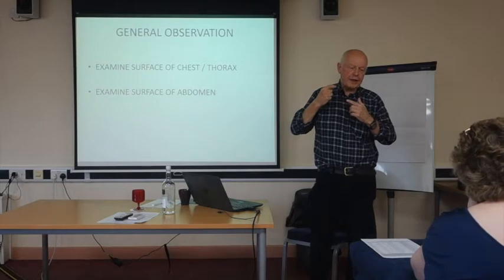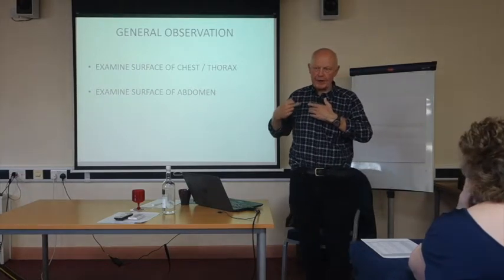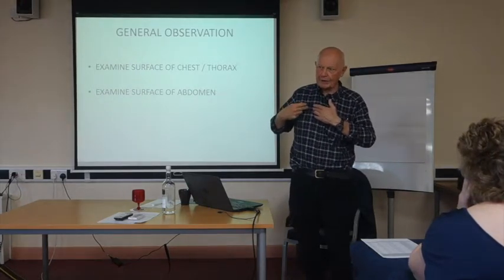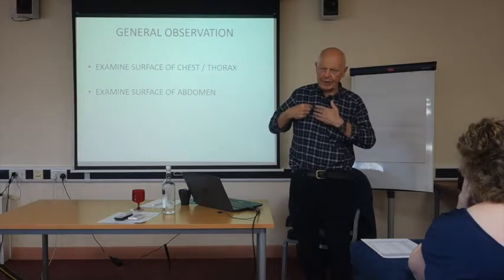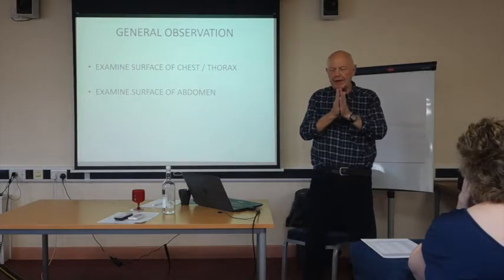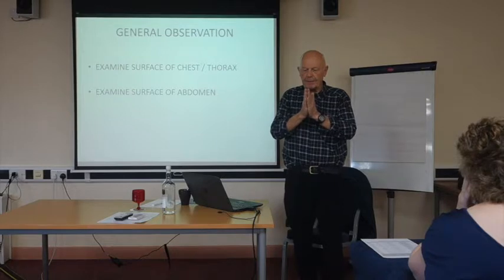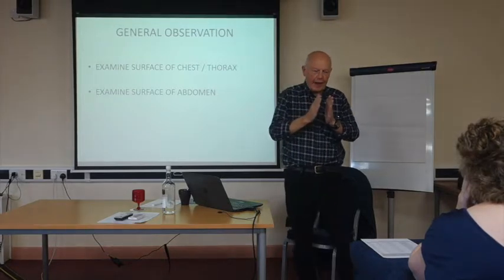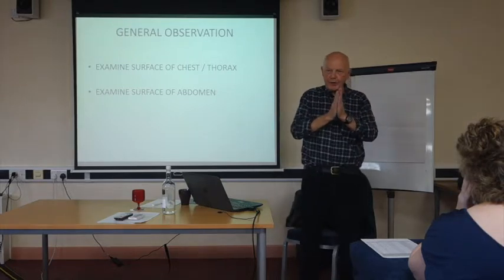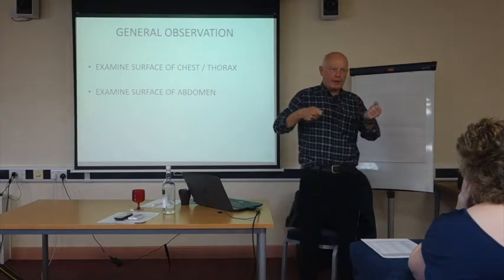But if the lung is damaged by a penetrating wound from outside, so the outer layer of pleura is damaged, what can happen there is that the lesion, the hole that's made, can act a bit like a non-return valve. It's a bit like when you're pumping a bike tyre up.